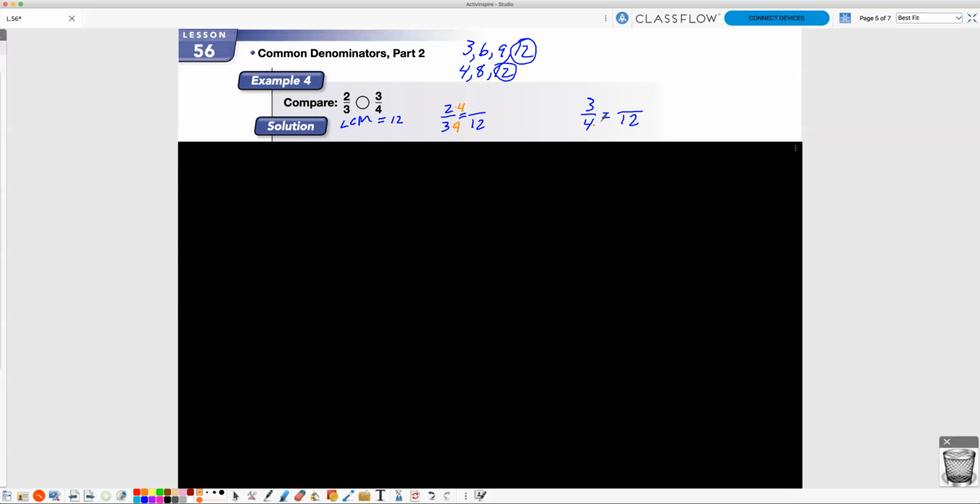And this one was times 3 to get to 12, so I have to multiply the numerator times 3. Now I'm comparing the numerators, this 8 and this 9. I should see that 8 is less than 9. Therefore, 2/3, which is what we started with in our original problem, is less than 3/4. So the original problem should look like that.